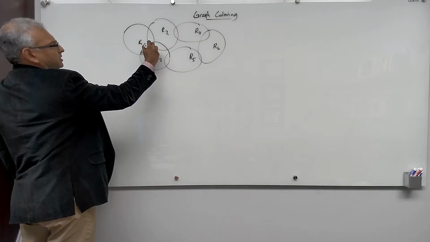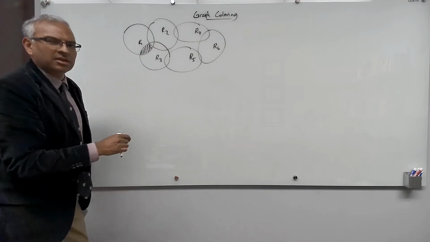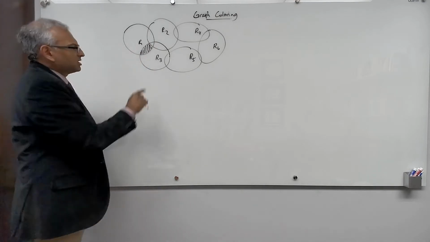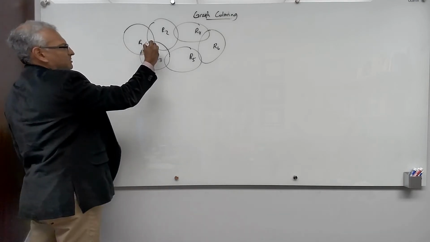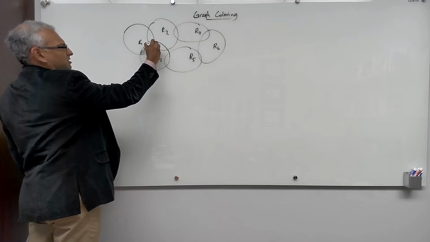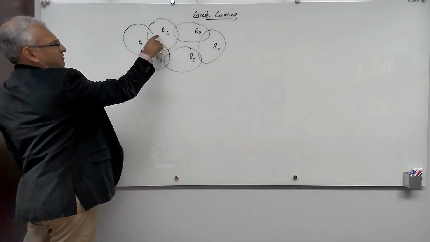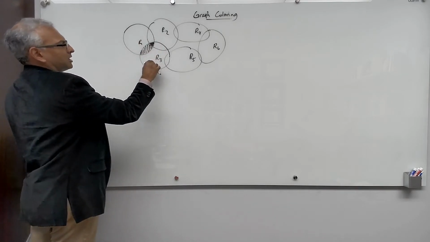So a listener in this region can hear both R1 and R3. And if they both broadcast at the same frequency, this listener will hear garbage. Similarly, a listener in this region, that's the intersection of the 3 regions of reach, can hear R1, R2, and R3.